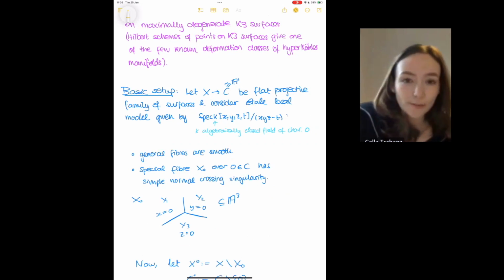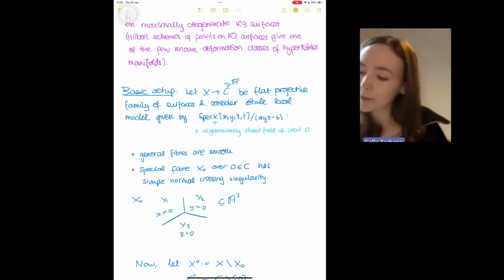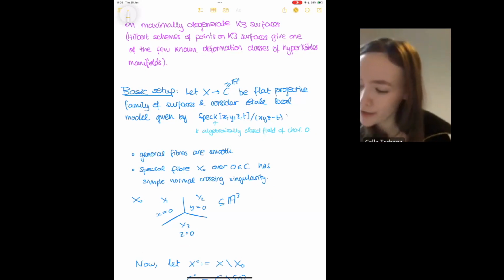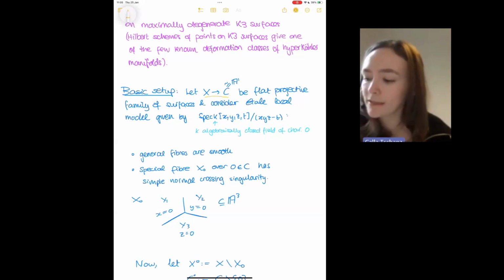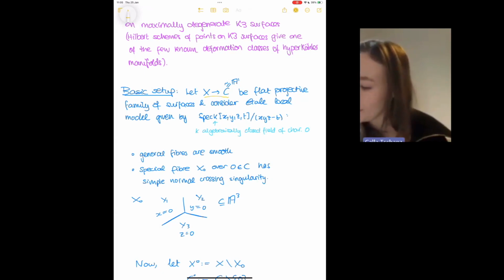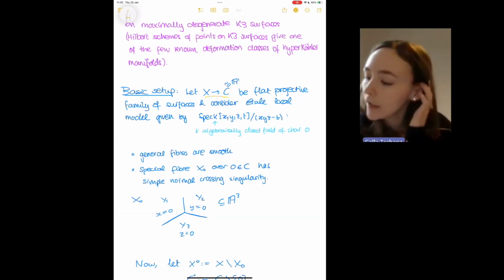So I'll give you a more detailed explanation of what we're actually working with now. We start with this setup: a family X over C, where C is some curve isomorphic to an affine line, over some algebraically closed field of characteristic 0, so you can just think of the complex numbers.